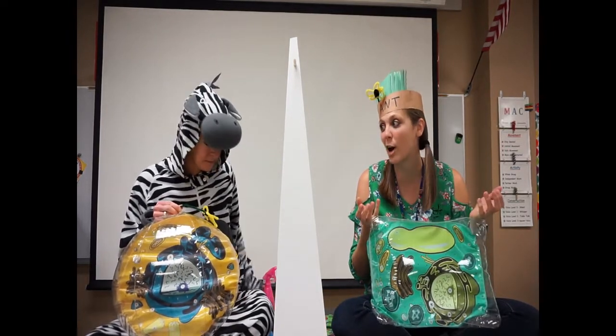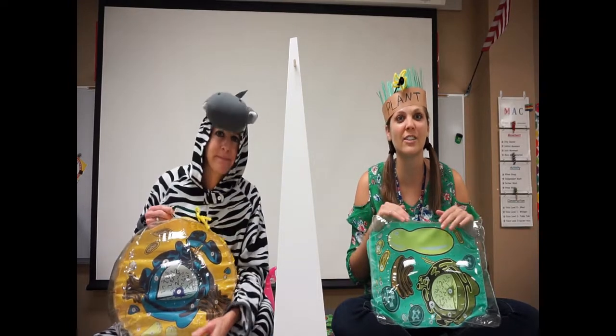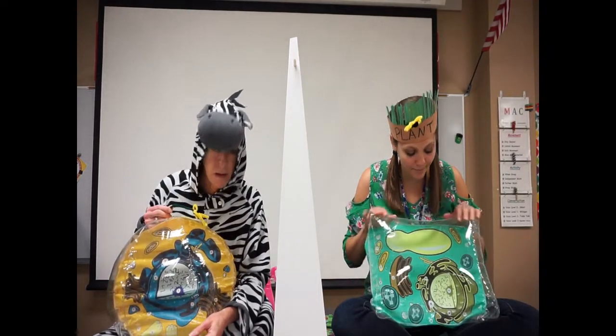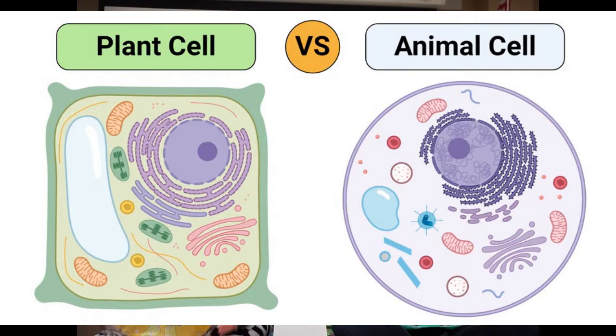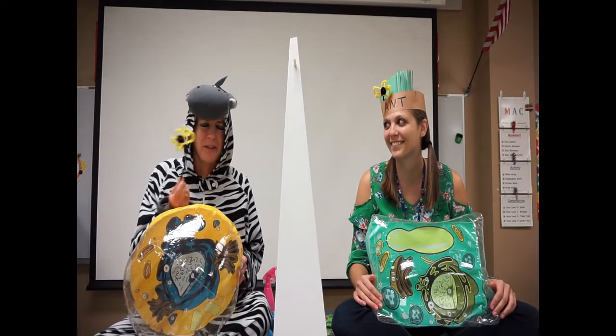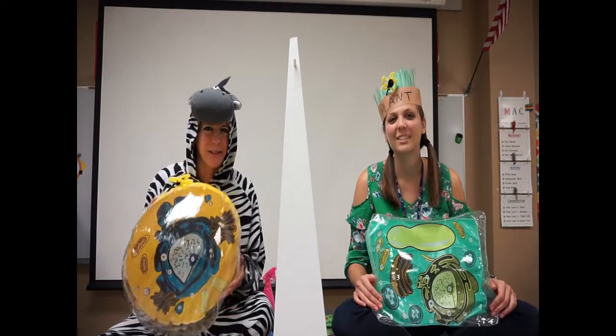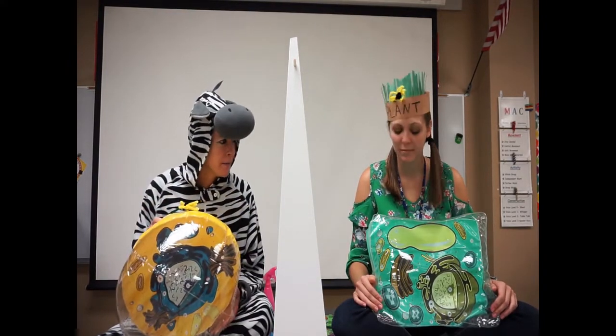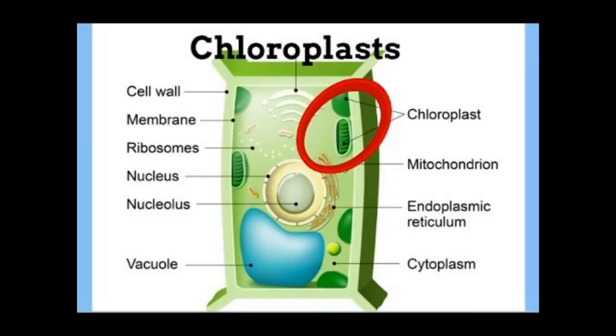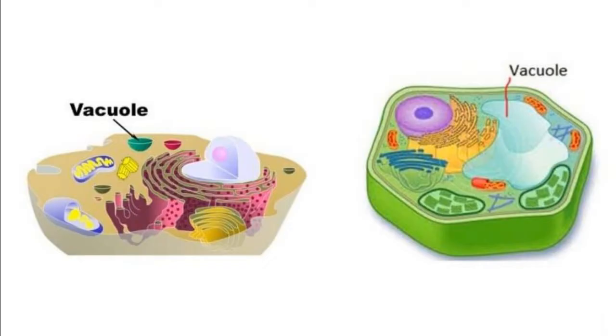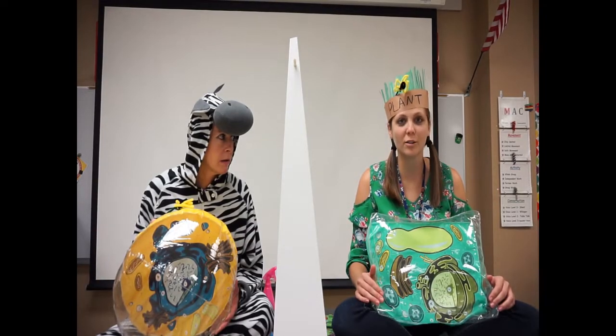So that's pretty much it as far as plant and animal cells go. We have a lot in common, but we do have a few things that are different. Plants have a different cell shape. Silly Zebra. Yeah, I know. Their cell shapes are different from each other. I have chloroplasts and a big vacuole, and I'm an autotroph.